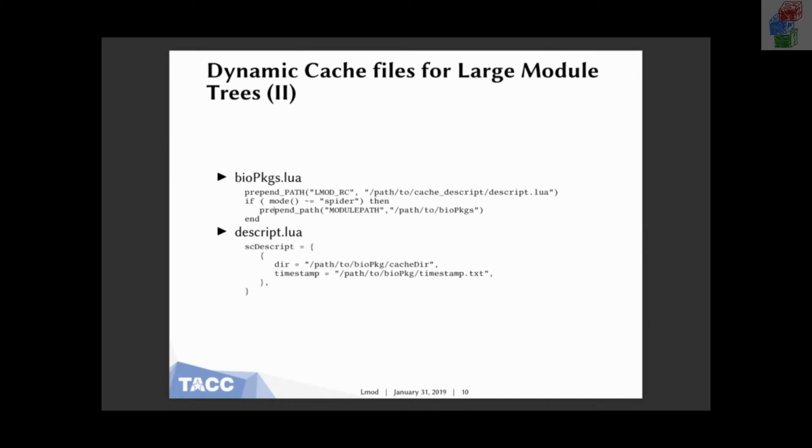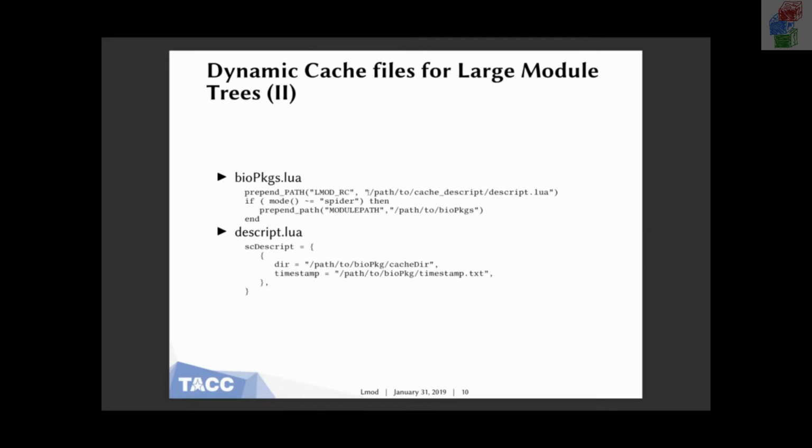The trick is to not let Spider know about prepending to this module path. So Spider won't see this prepended module path, so it won't walk it. But when a user loads it, the mode won't be Spider, so they'll extend the module path, and then the cache file will be there, and you can see all these modules.